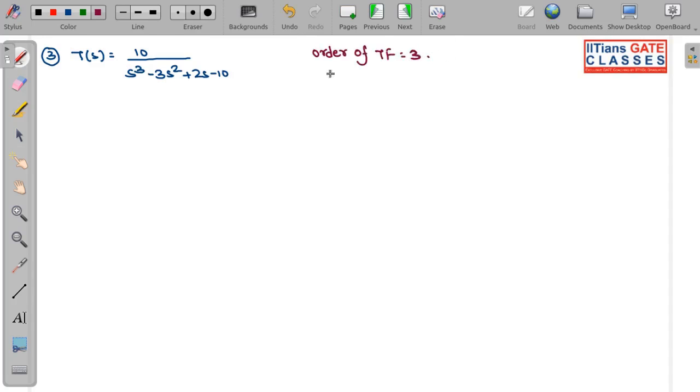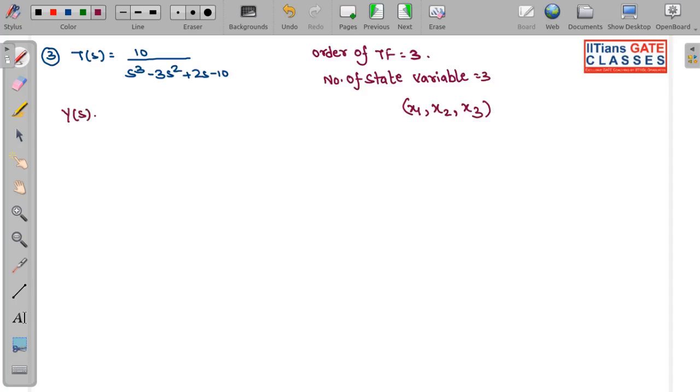Order of transfer function 3 means the number of state variables is also equal to 3. So now what are the states? They will be x1, x2 and x3. These are the three states that we have over here.